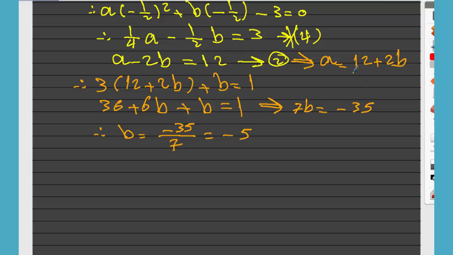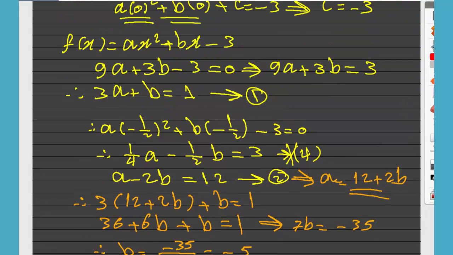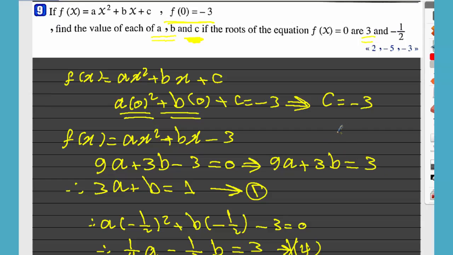Now I'll substitute here to get the value of a. a equals 12 plus 2 multiplied by b, which equals 12 minus 10 equals 2. So we have a equals 2 and b equals negative 5 and c equals negative 3, and this is the right solution.